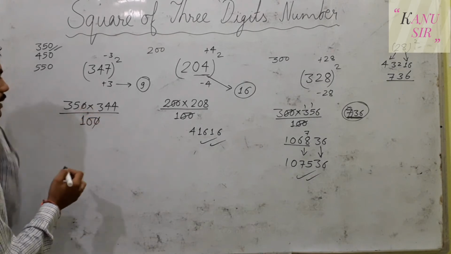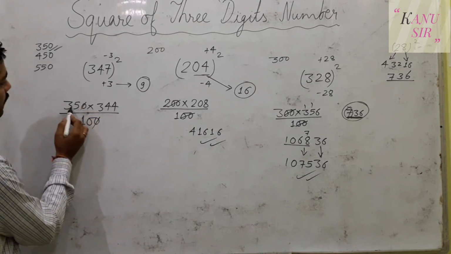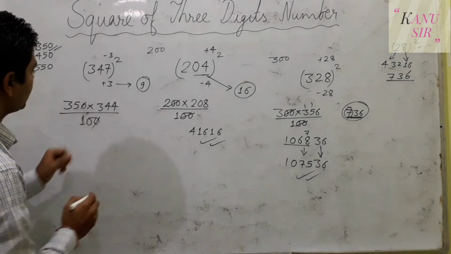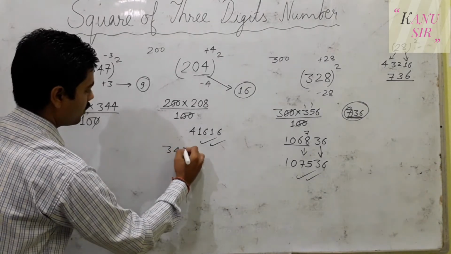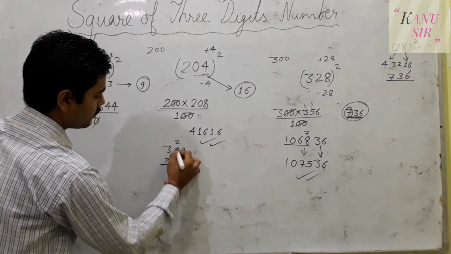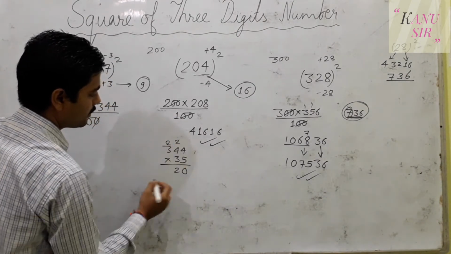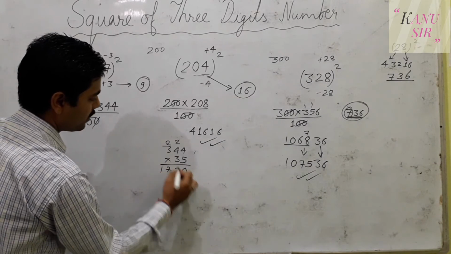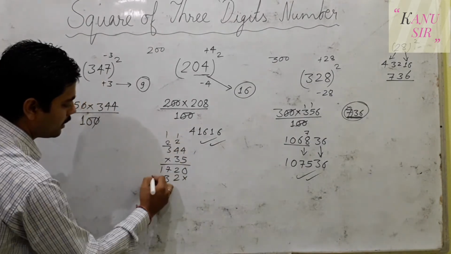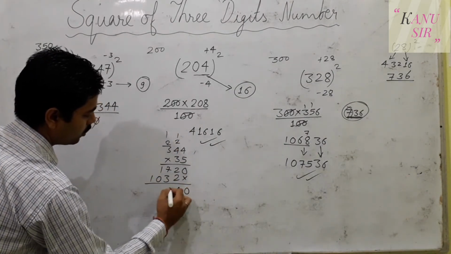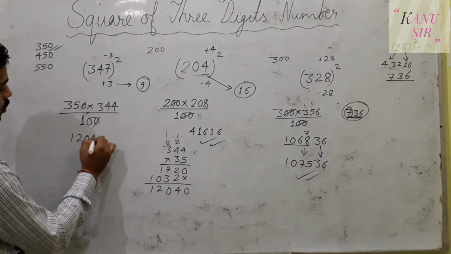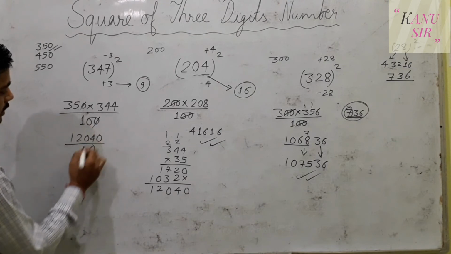0 carry over, divided, and now 35 times 344 divided by 10, you have to multiply 344 multiplied by 35, and the answer is 12040 divided by 10.